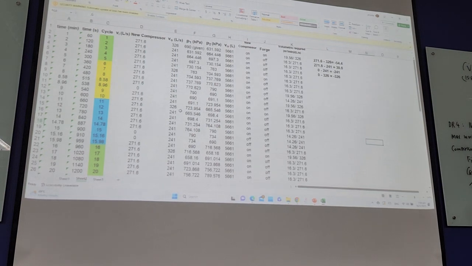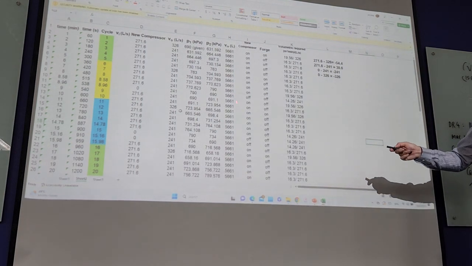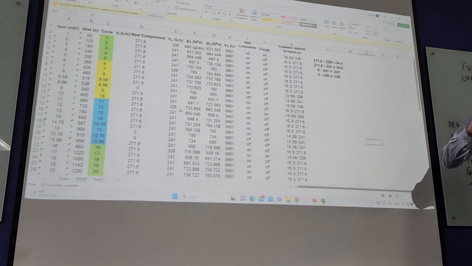I don't expect everyone is 5661, because your calculation will show what is your volume size. And once this one value is different, the rest also different. We don't go and copy. It means nothing. 16.3.